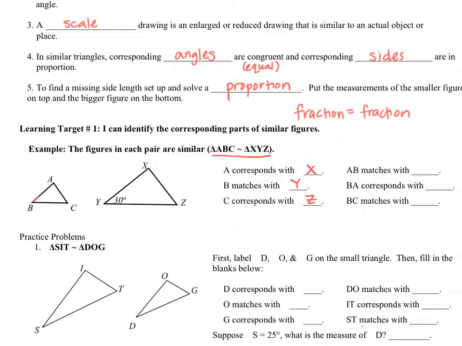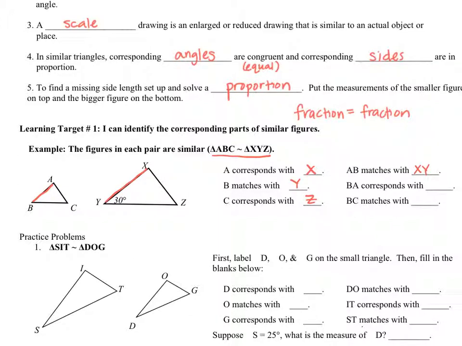So side AB, this right here, is going to correspond with XY. And another way you can tell is AB is the first two letters, XY is the first two letters in the similarity statement. So XY, right?